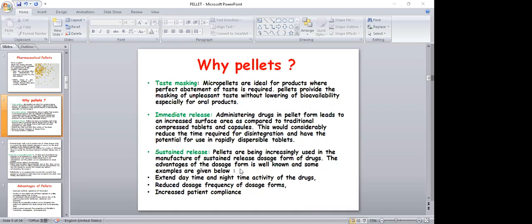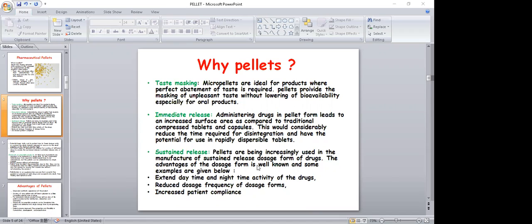The next reason for pellet formation is sustained release. Pellets are also used in the manufacturing of sustained release dosage forms of some drugs because there are some advantages of pellets, like they can extend the daytime and nighttime activity of the drugs.